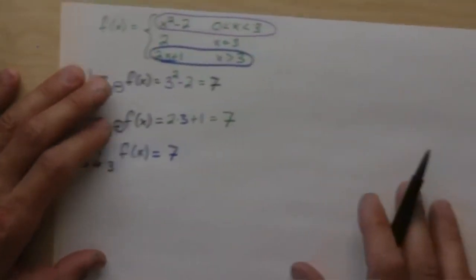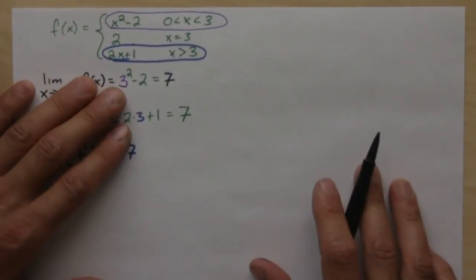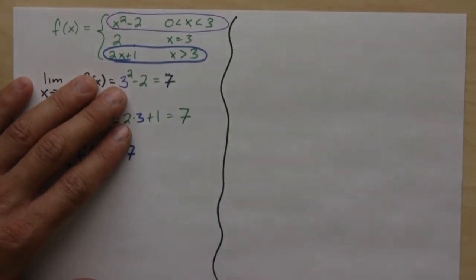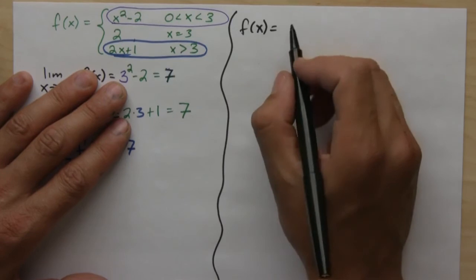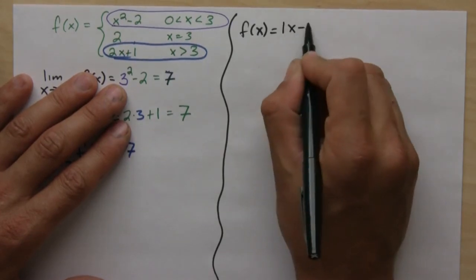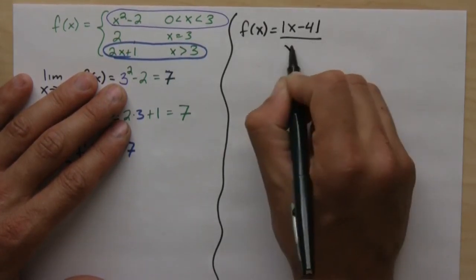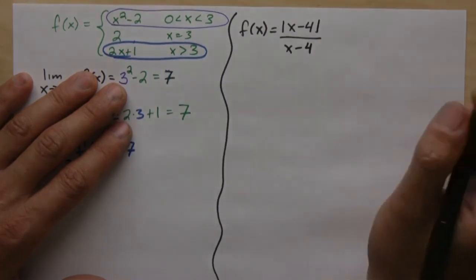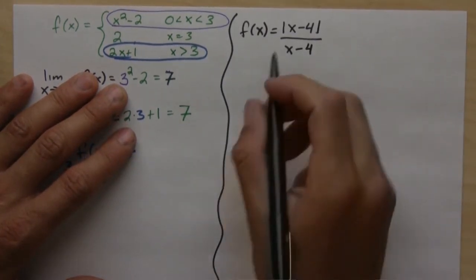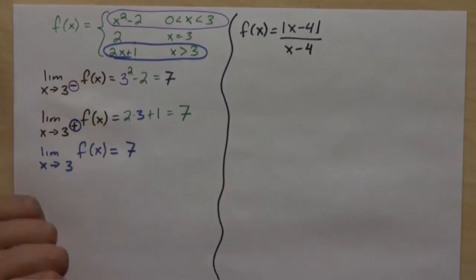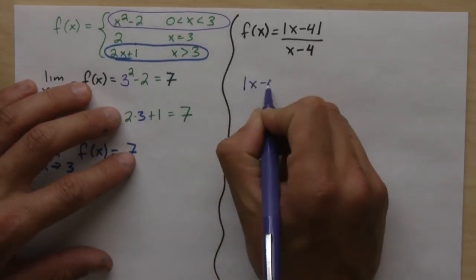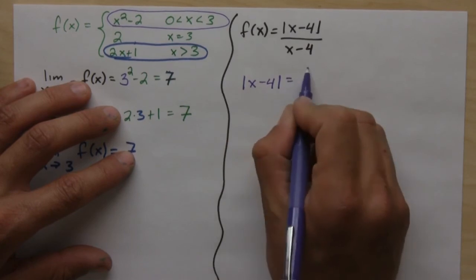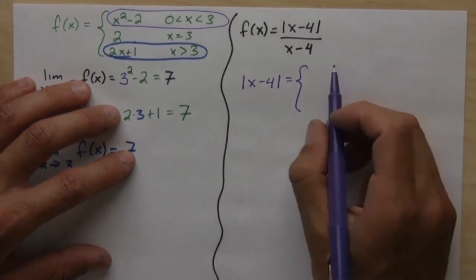Let's try to turn this function into a piecewise function. So let's first of all write down what absolute value of x minus 4 is. Well, the idea is the same.